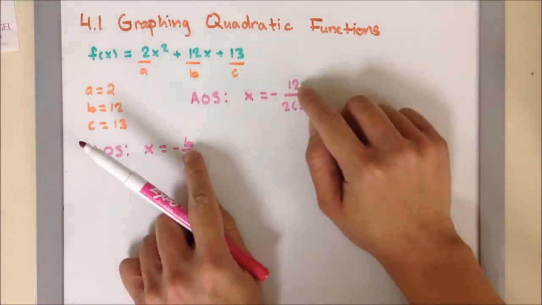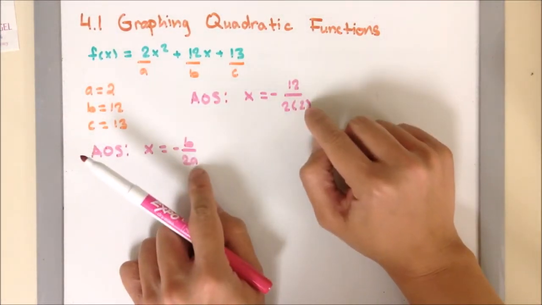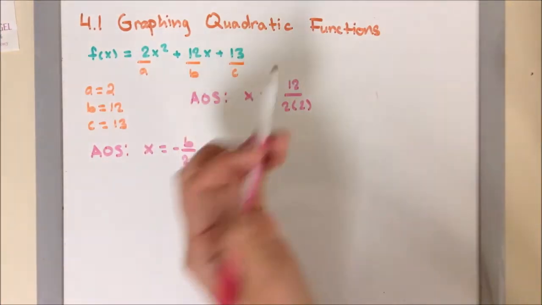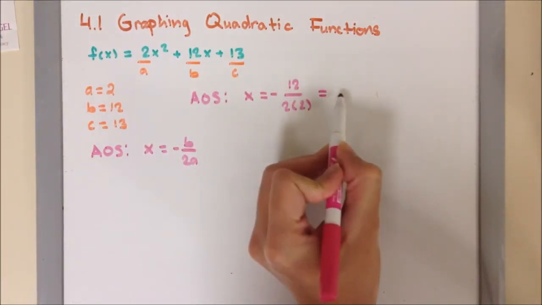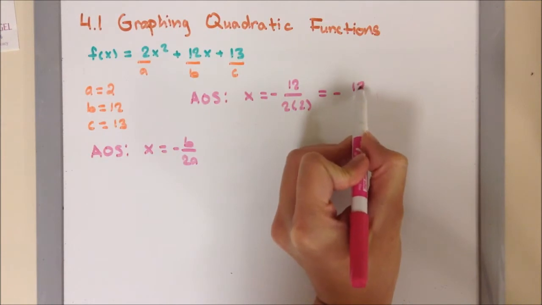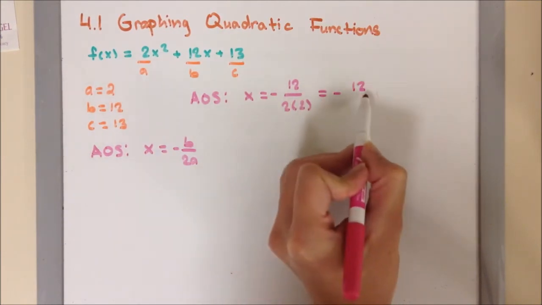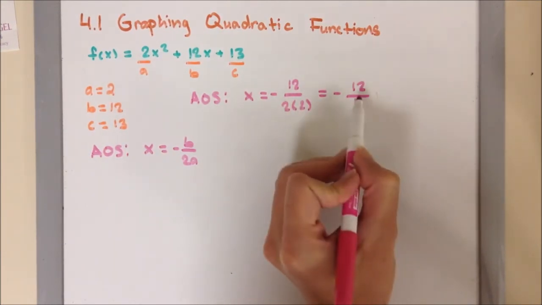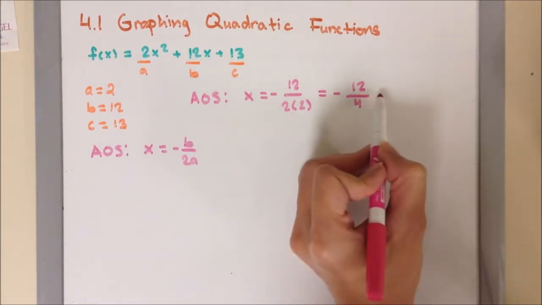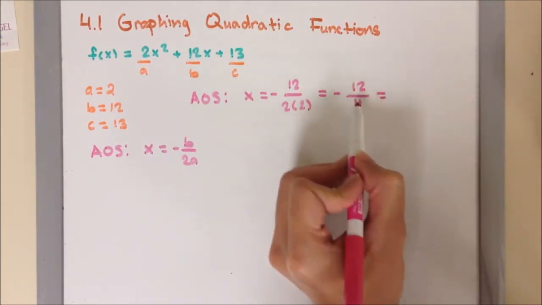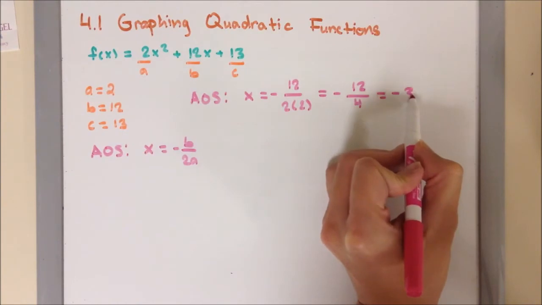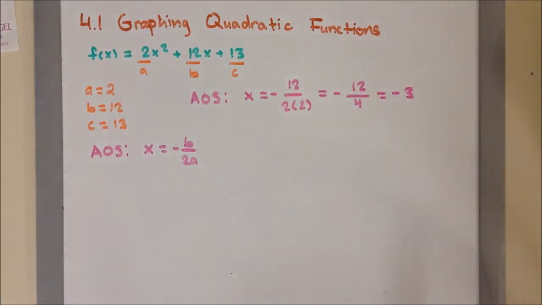So again, I plug in 12 for b, and then plug in 2 for a. Next, I'm going to simplify. I still have that negative, 12 on the top, 2 times 2, which is 4. I can simplify this fraction. So negative 12 divided by 4 is negative 3. Alright, so axis of symmetry.